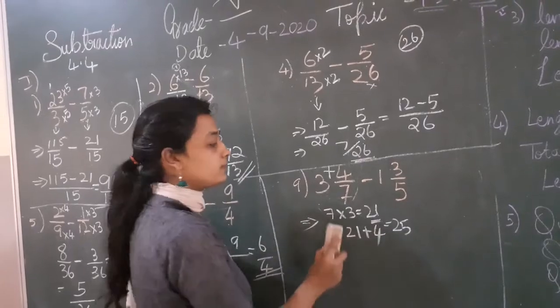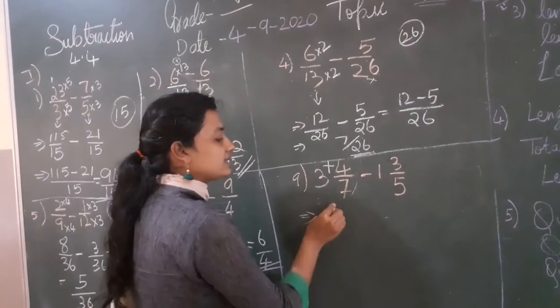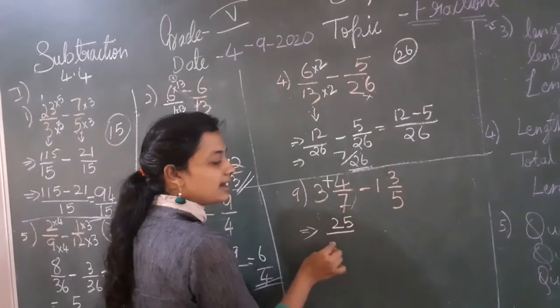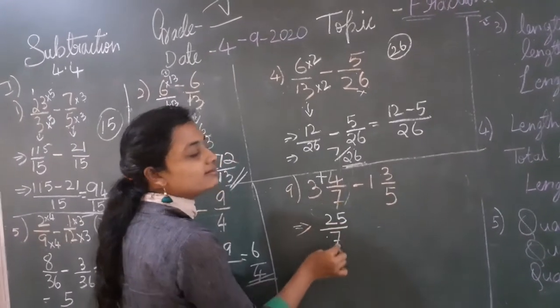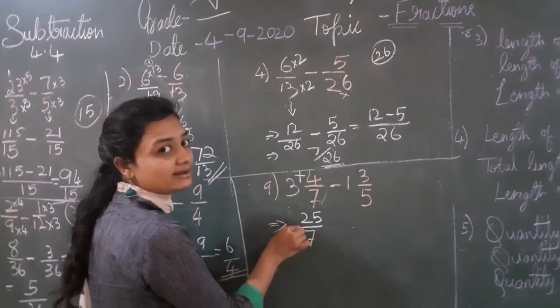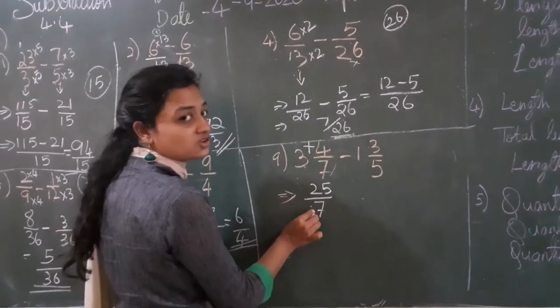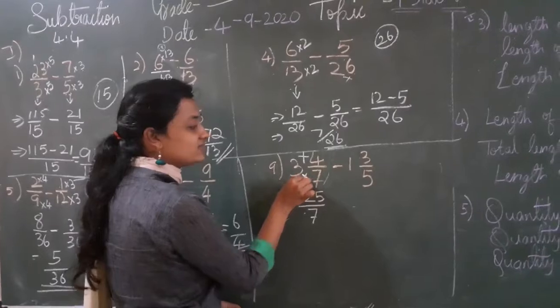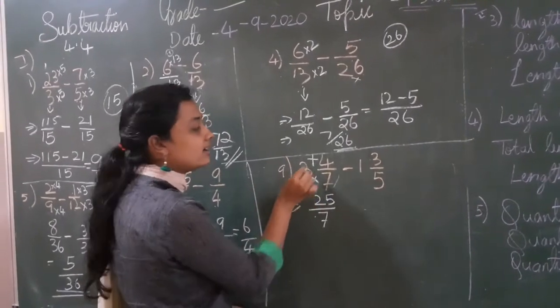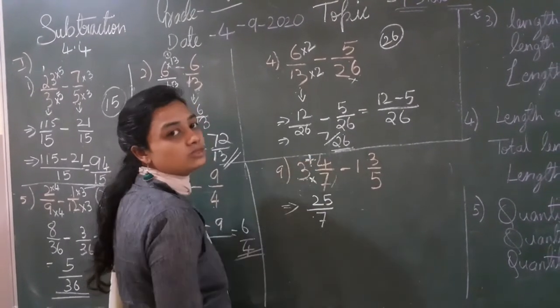So my improper fraction will be 25 divided by the same denominator 7. So this is how I convert a mixed fraction into an improper fraction. I multiplied 7 with 3, got the answer, and added the numerator.